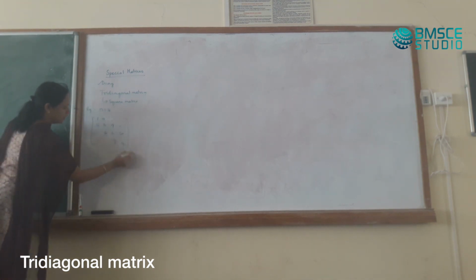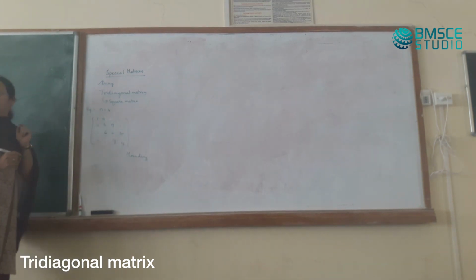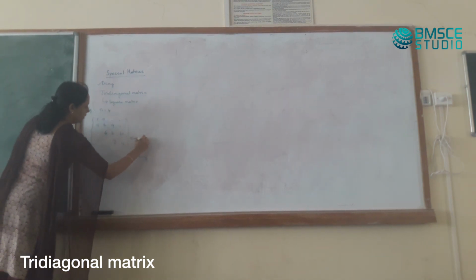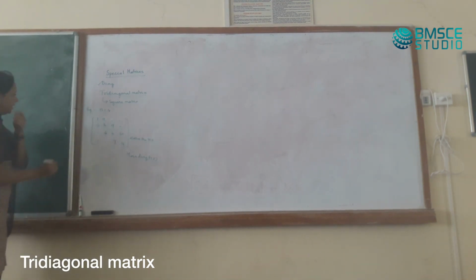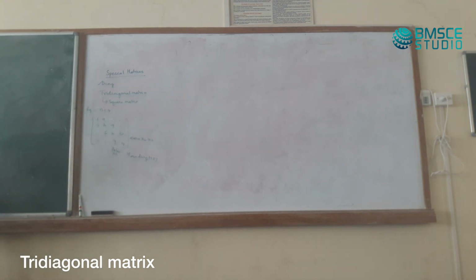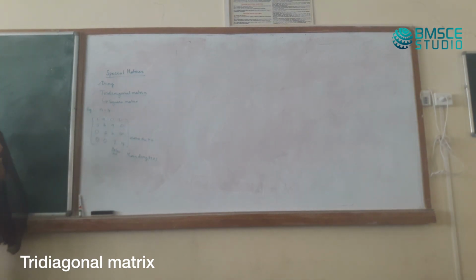One is the main diagonal, then we have one above the main diagonal, and then we have one below the main diagonal. So this is where the matrix information can be found. What about all other elements? In all other positions, you will have a 0 entry. So this is a tridiagonal matrix.